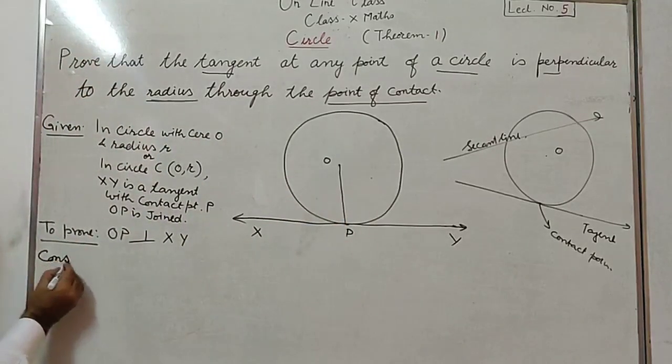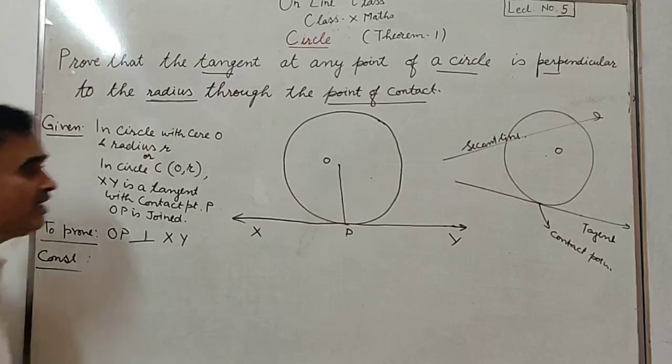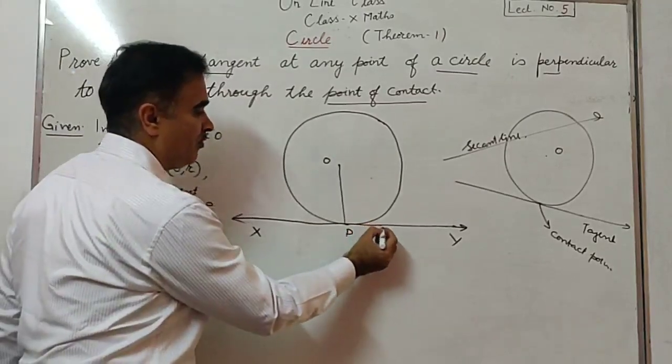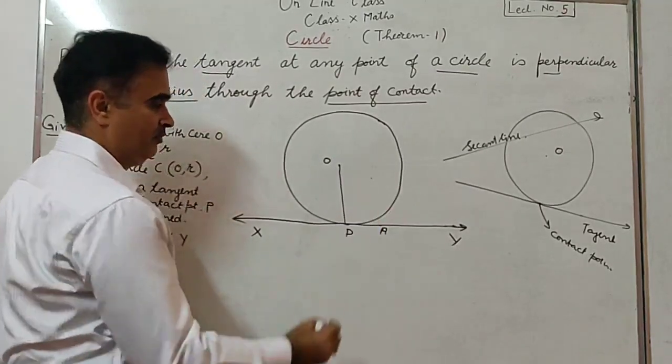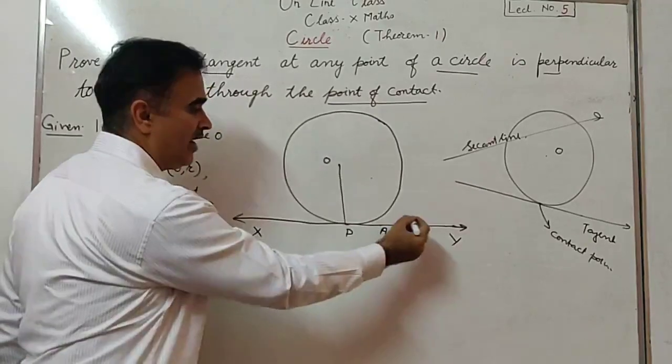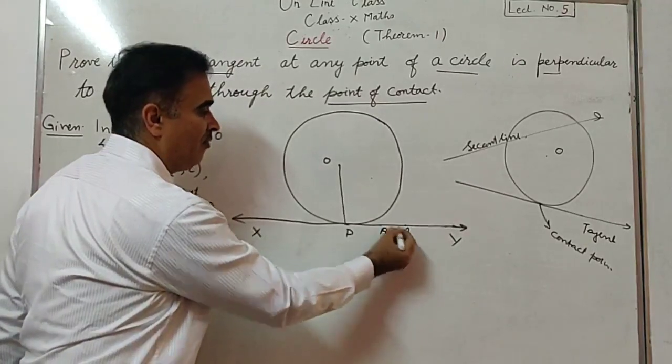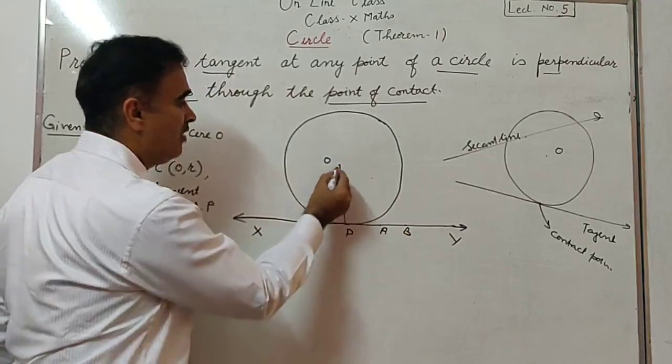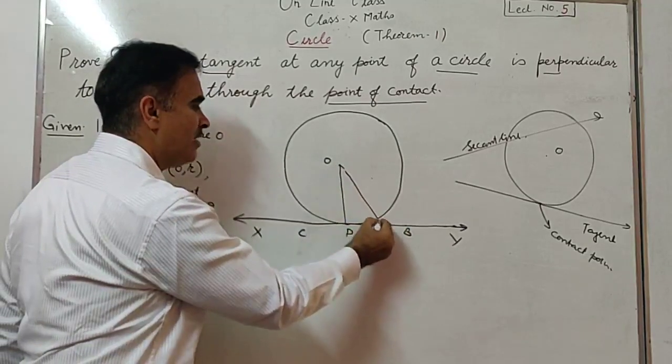Construction: we take other points. If I take a point A on XY, or B, or here also C, and join them.